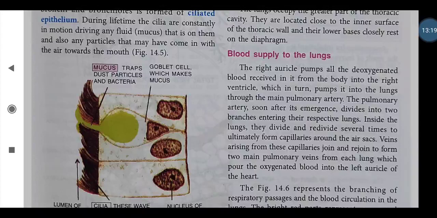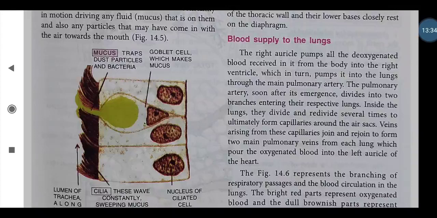The pulmonary artery, soon after its emergence, divides into two branches, entering the respective lungs. Inside the lungs, they divide and redivide several times to ultimately form capillaries around the air sacs.